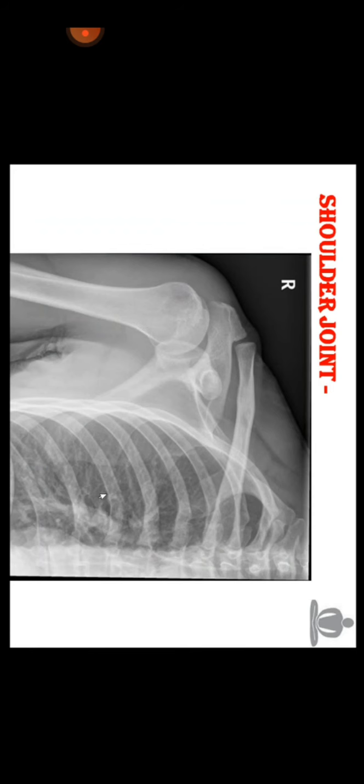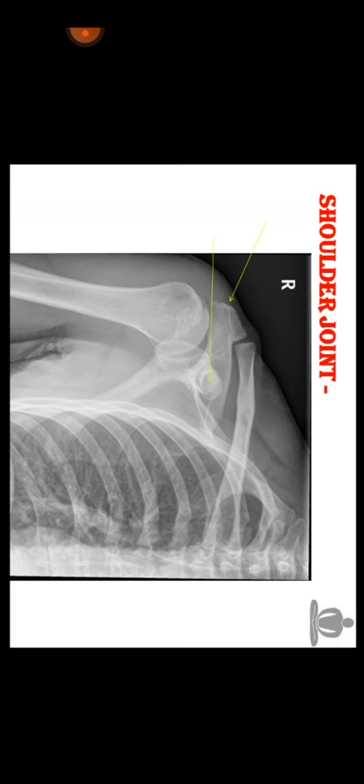Now we are seeing AP view of shoulder. This is acromion. You can easily see this. This is end of, say, scapula, posteriorly. This is posterior view.